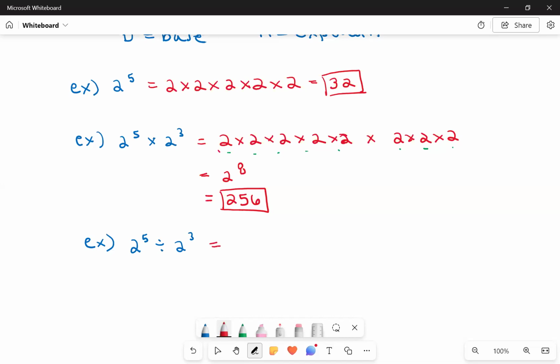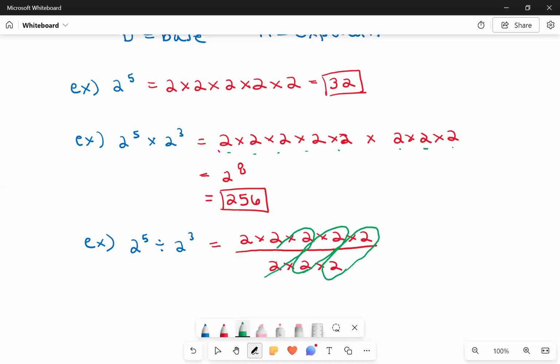So in the numerator, I'm going to put 2 times 2, 5 times, right? 5 2's. In the denominator, I'm going to put 3 2's. And then I'm going to notice that every time I have a 2 over 2, that's really just a 1. 2 divided by 2 is 1.